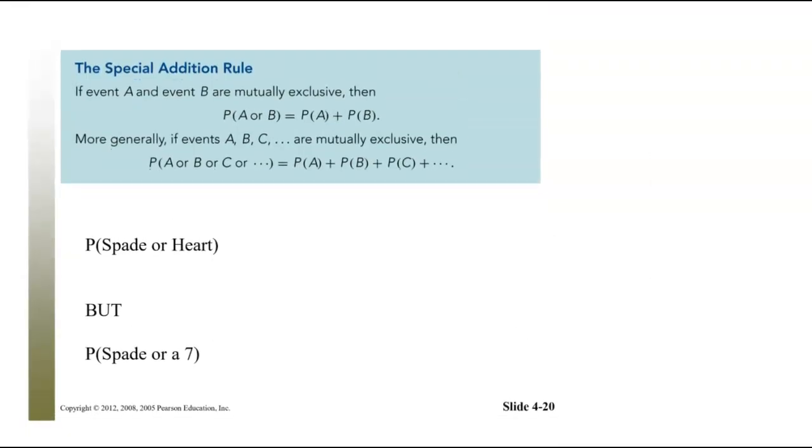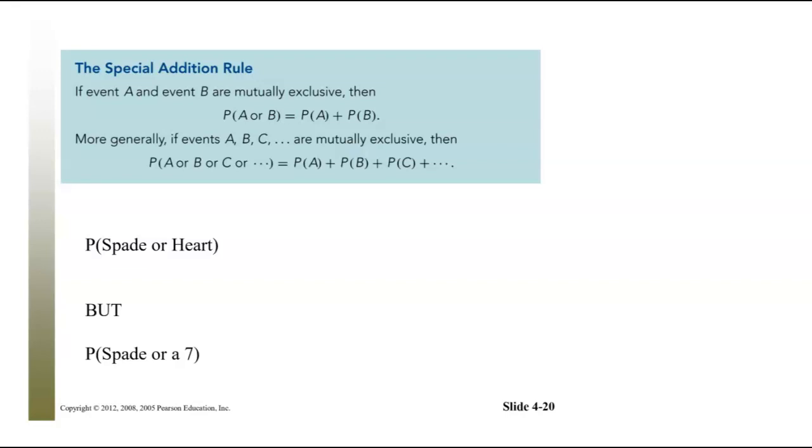Now, let's talk about the special addition rule. If you look at your formula sheet, there are so many formulas on there. You do have to understand how to use the formula, but you can also think through these problems intuitively without using the formula.